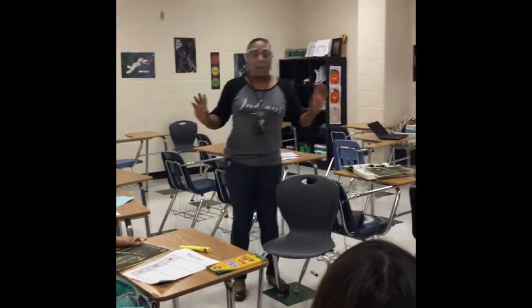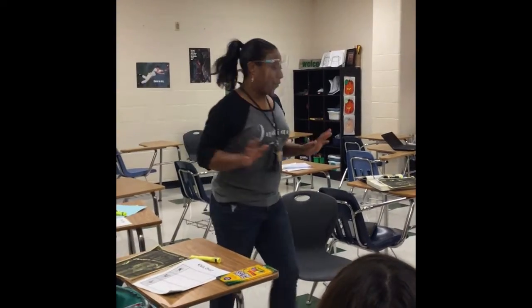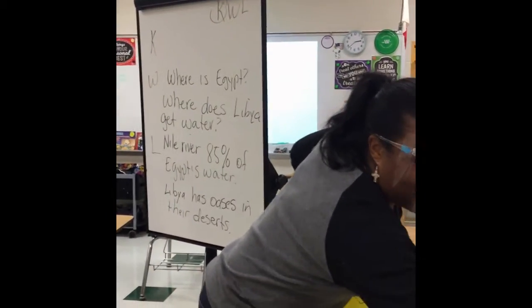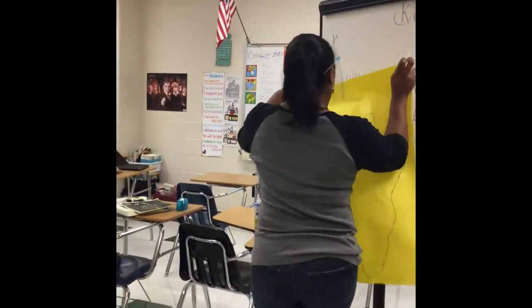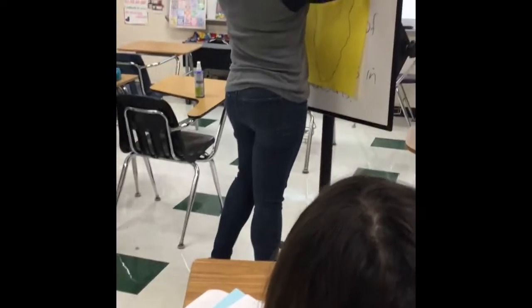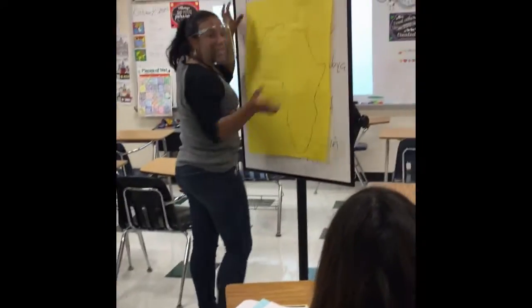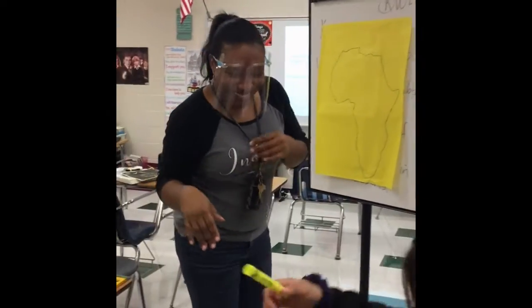Alrighty, guys. The last thing we have to do is review. I'm going to see how much you guys remember. Ruby goes first. Come here, Ruby. I'm going to show you something.